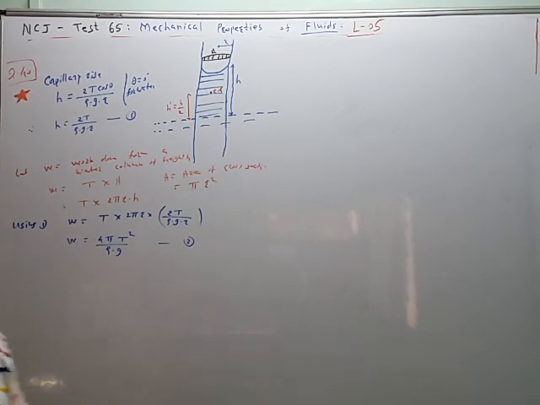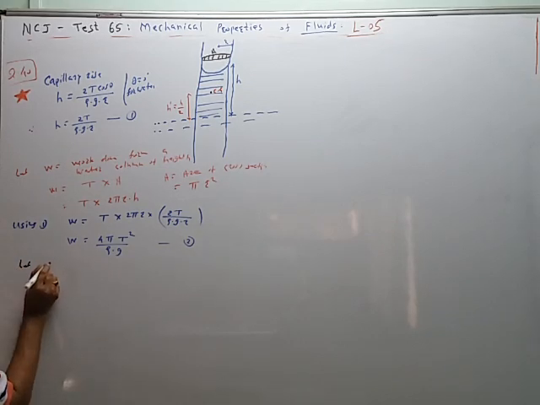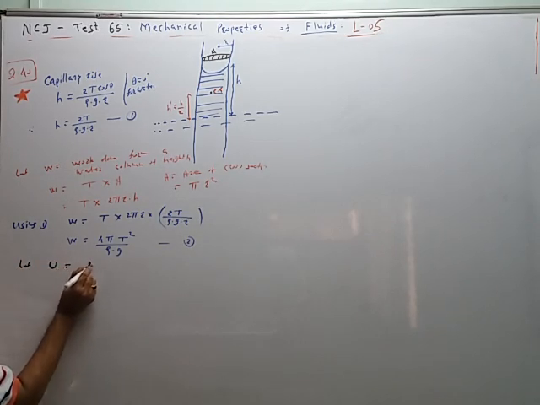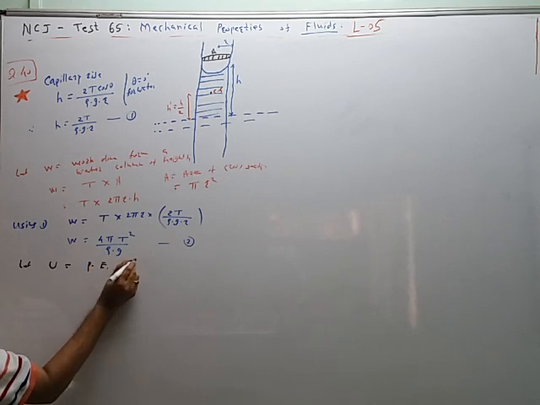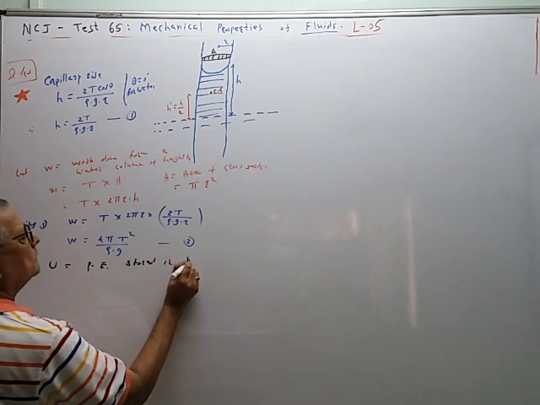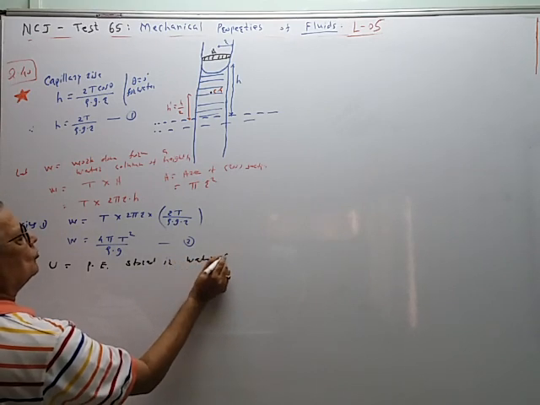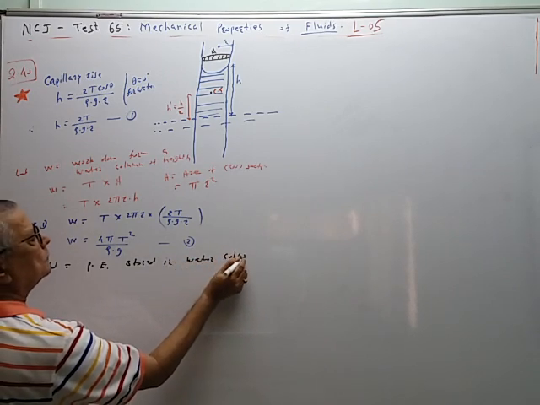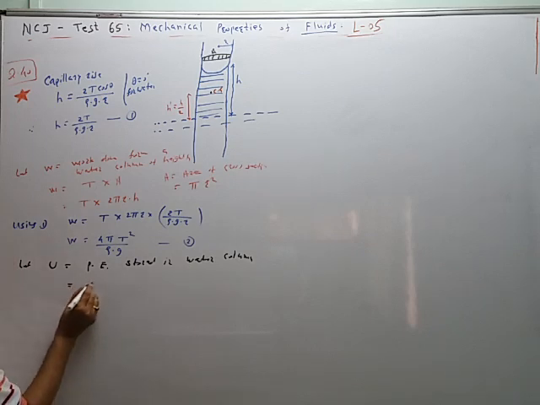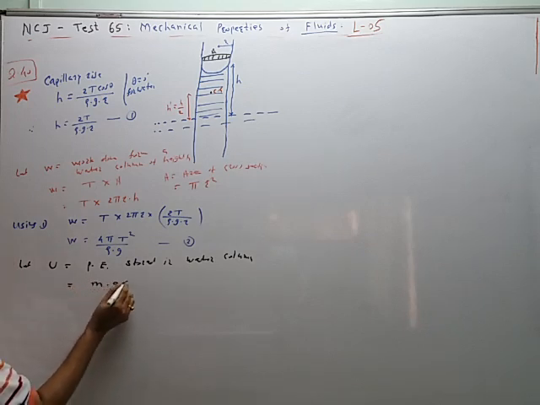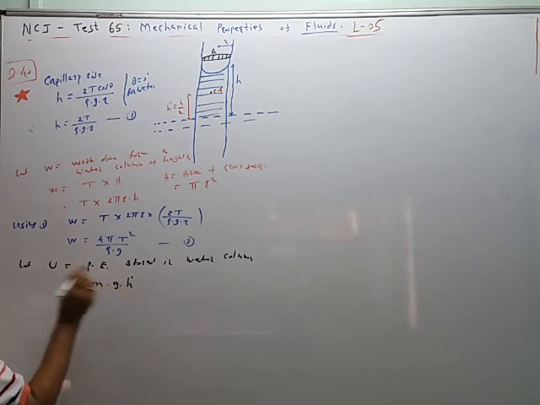Now let U be the potential energy stored in the water column. So this is equal to M into G into H dash.